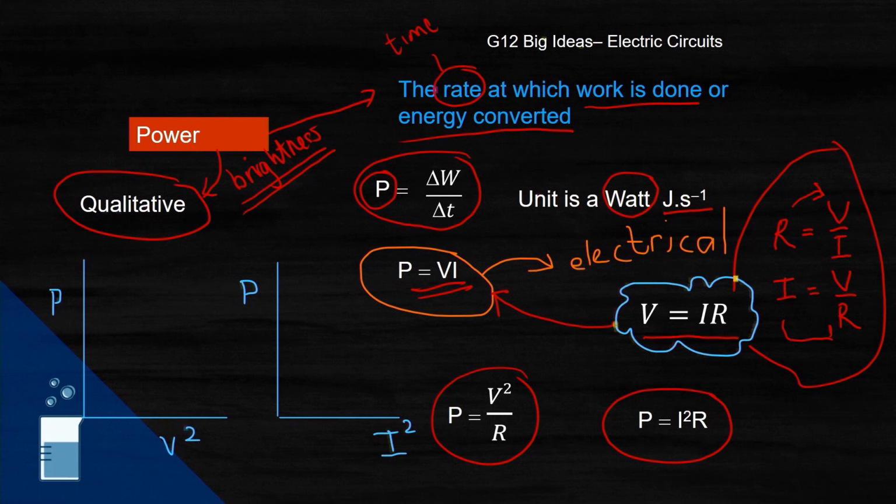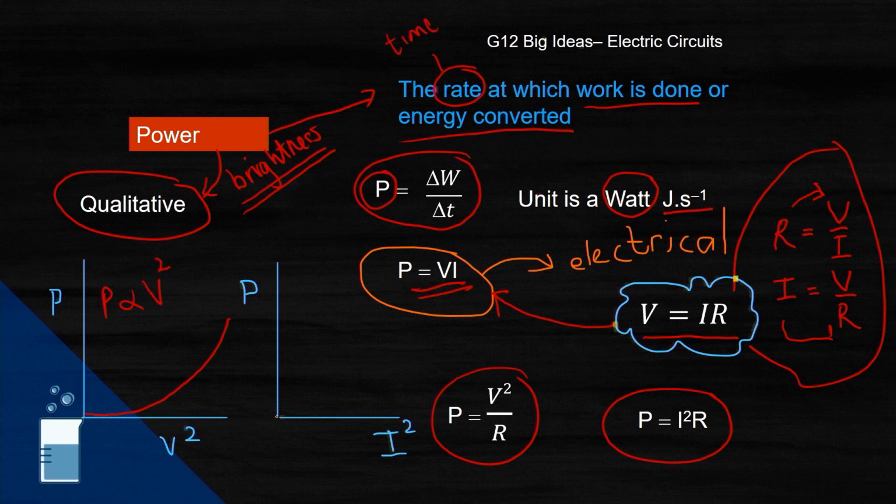If we plot graphs of the power versus the potential difference across the conductor or the resistor, we end up with a relationship that looks like that. So P is directly proportional to the square of the potential difference.